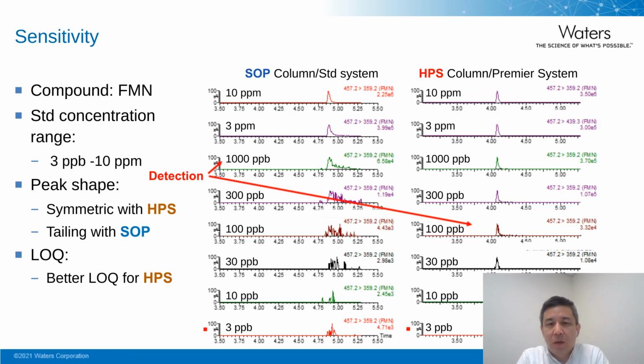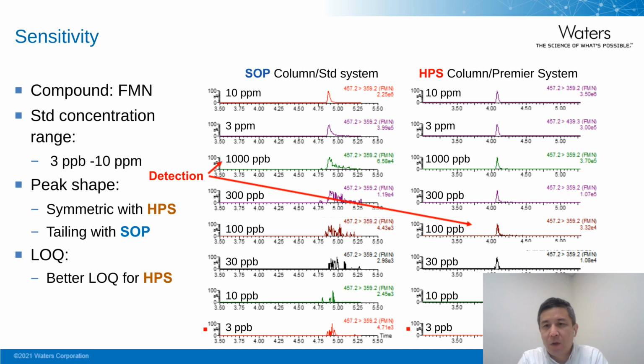So let's talk about sensitivity. Here's the comparison of the chromatogram from standard solutions at different concentrations ranging from 3 ppb to 10 ppm. The compound is FMN, flavin mononucleotide. The chromatogram on the right is from the HPS setup, and the chromatogram on the left is from the SOP setup.